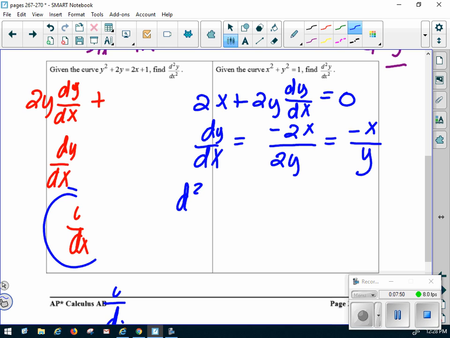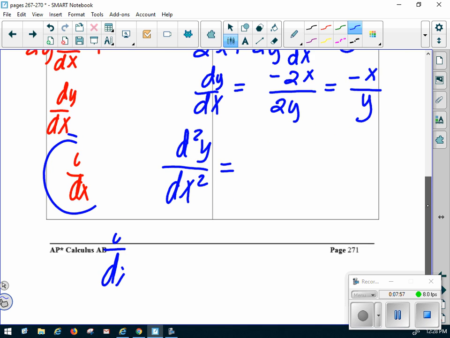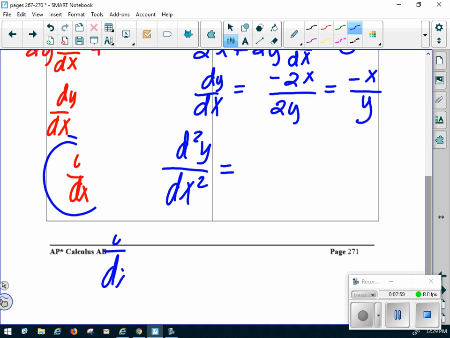d squared y. Derivative of the top is negative 1 times the bottom minus the derivative of the bottom times the top over the bottom squared.